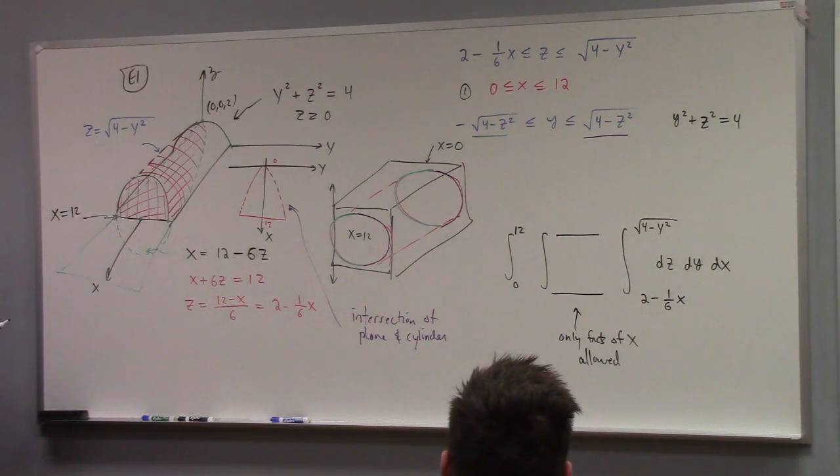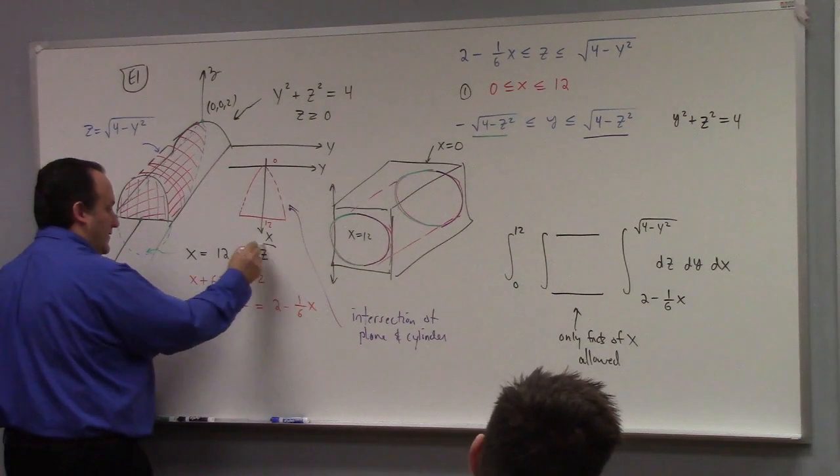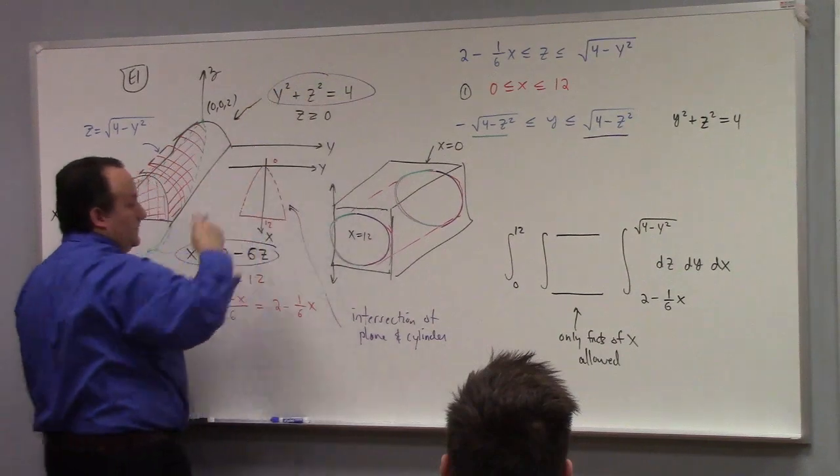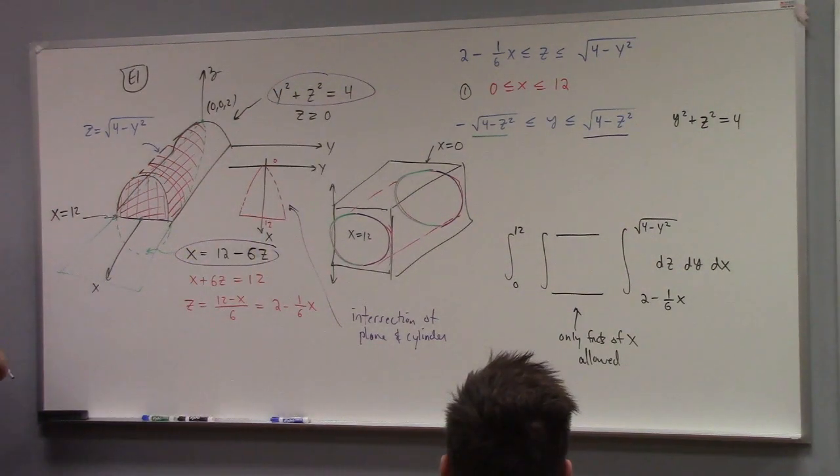The plane is defined by this one, and the cylinder is defined by this one. So it's where both of those equations are true.